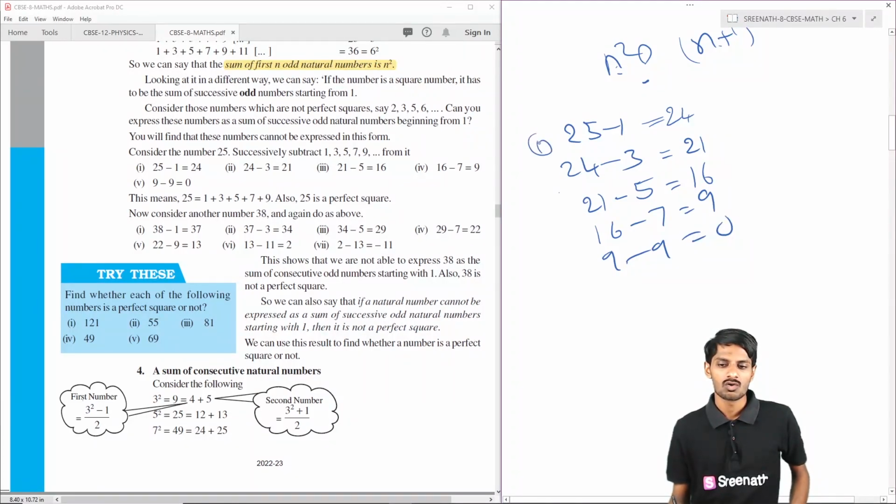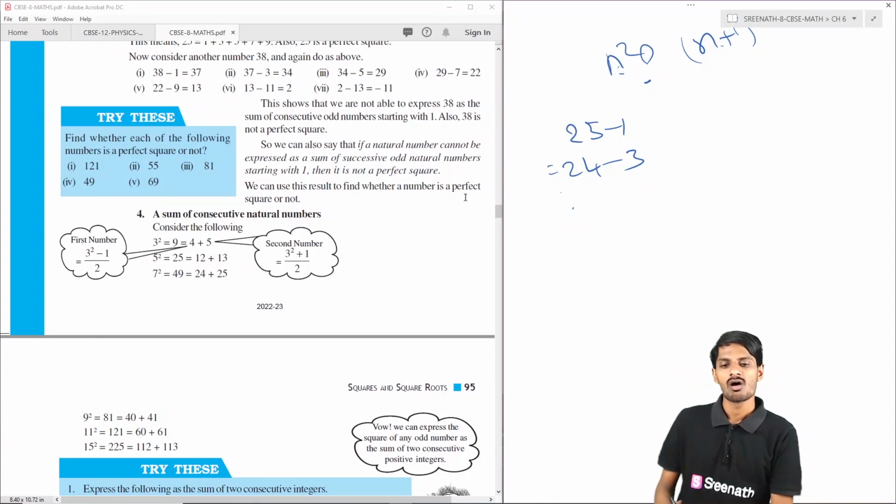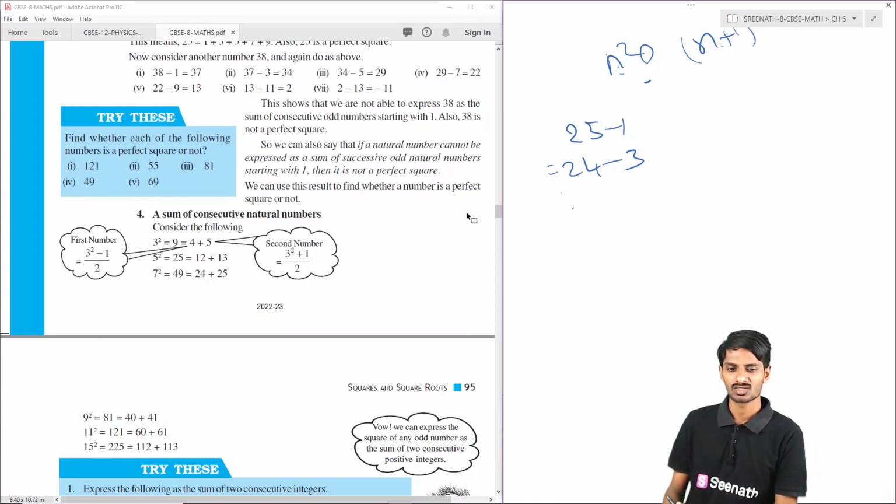How many steps? 1, 2, 3, 4, 5. So we can also say that if a natural number cannot be expressed as the sum of successive odd natural numbers starting with 1, then it is not a perfect square, students. So this is the thing.